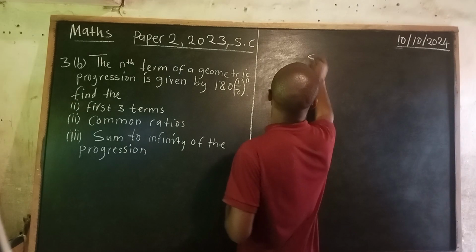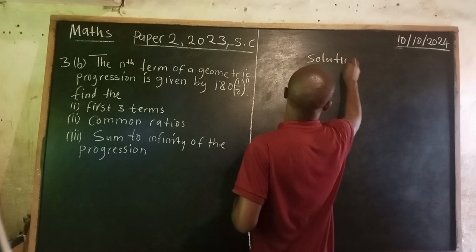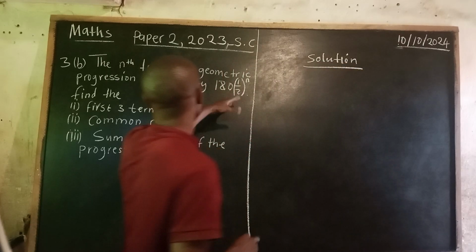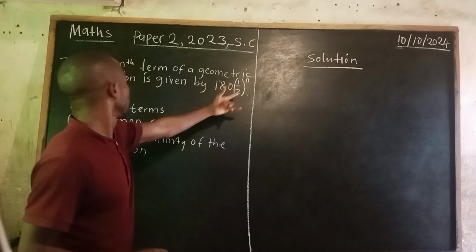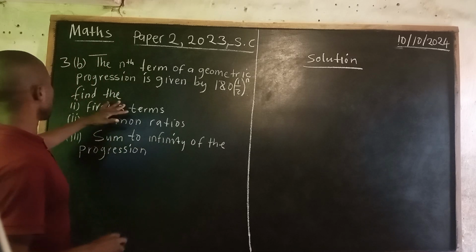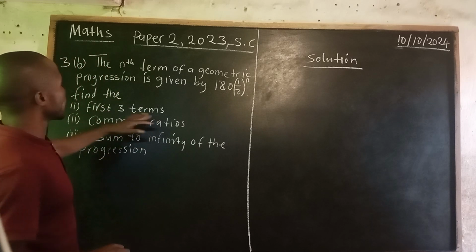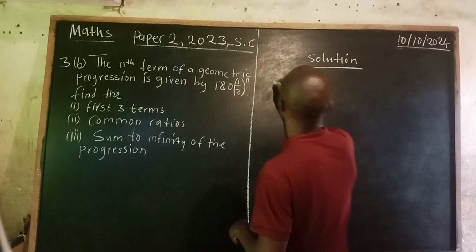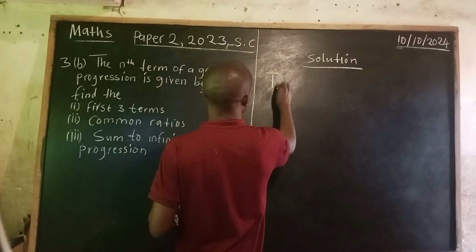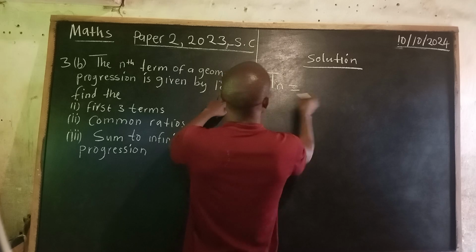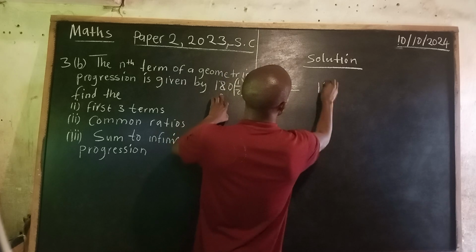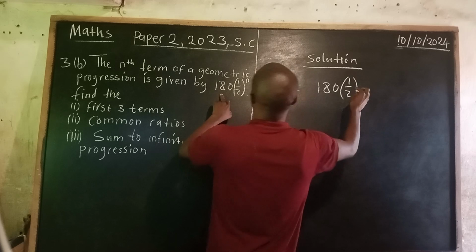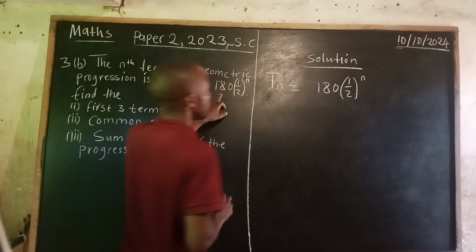Let me use this other part of the board. Solution. We are given this 180, and they are telling us to find the first three terms. First, we write the nth term: 180 (1/2)^n.